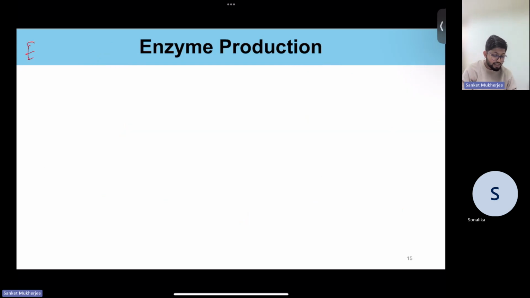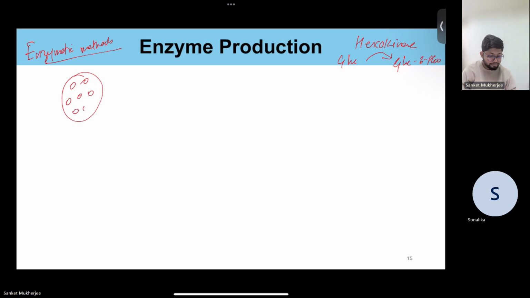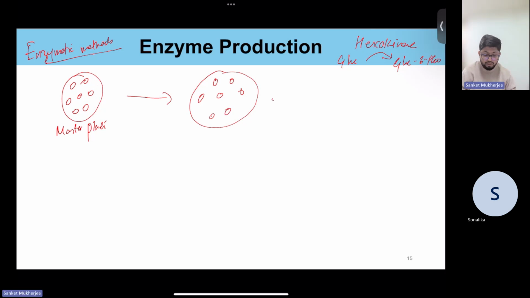Screening can also be done using enzymatic methods, and these are especially important for enzymes or proteins that have some enzymatic function. Let's say we are isolating hexokinase, which has the function of converting glucose into glucose 6-phosphate. Again, we have the master plate. We create a replica plate. We transfer this onto a nitrocellulose membrane.